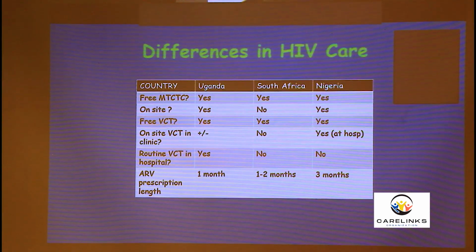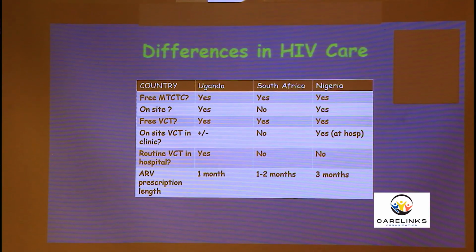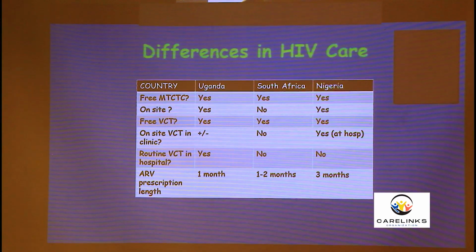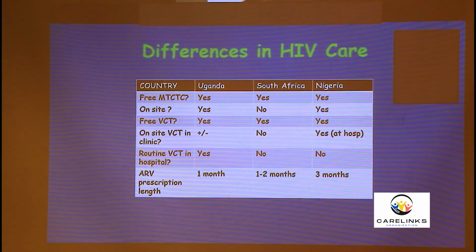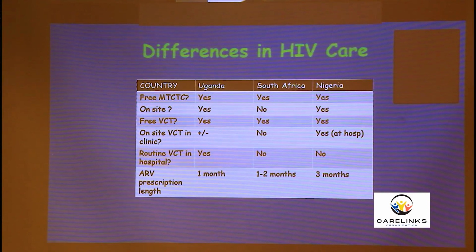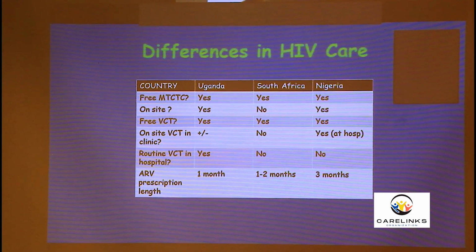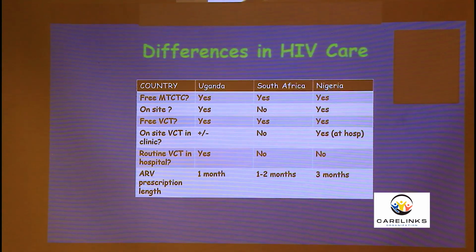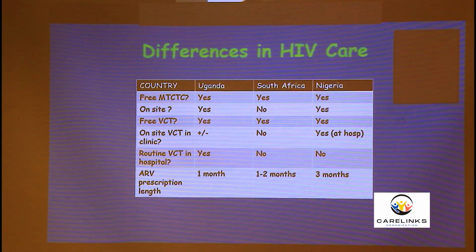What about mother-to-child transmission counseling? Yes, in Uganda, South Africa, Nigeria, and generally on site in most cases, although in South Africa there's usually not a specific program within the hospital to offer MTCTC.